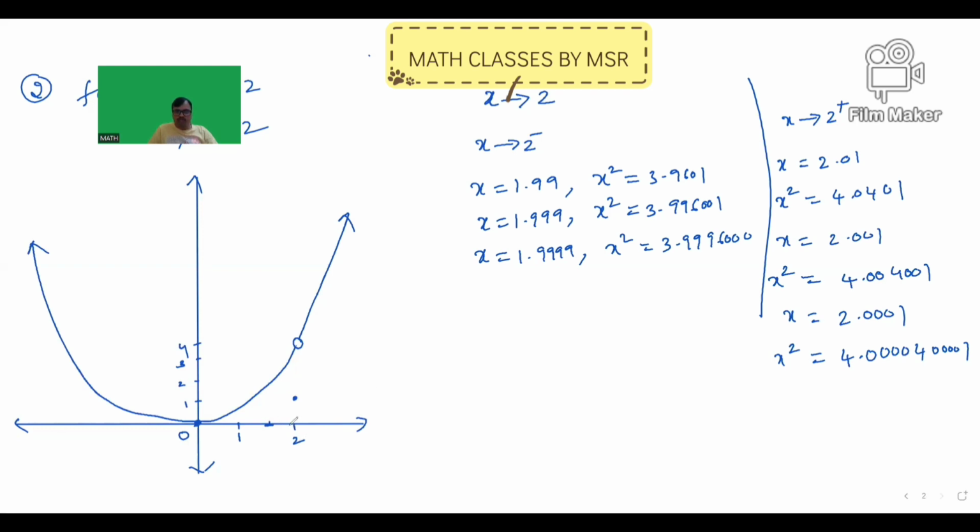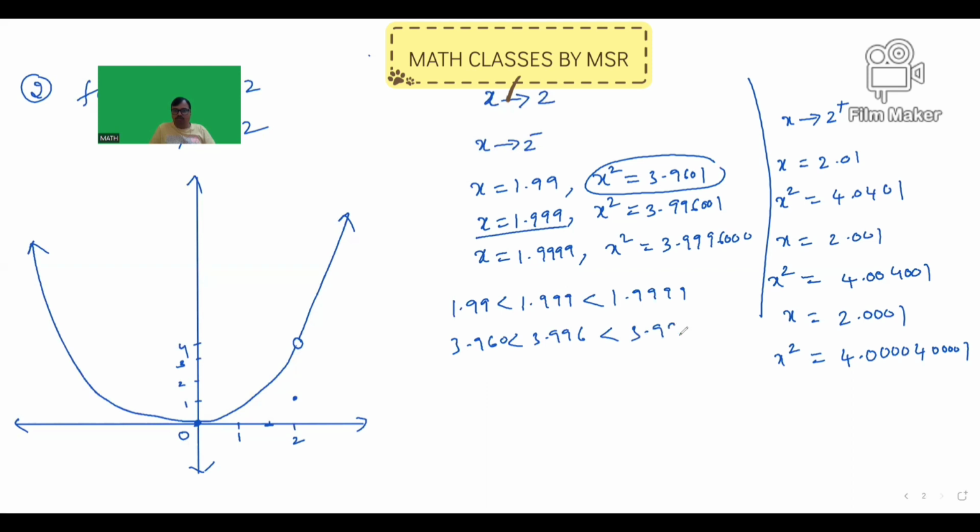Now if you observe both the values, if x is 1.99, which is less than 2, the x square value is approaching 3.96, which is very near to 4. Again, x equals 1.999, approaching 2, the value is 3.996, and so on.